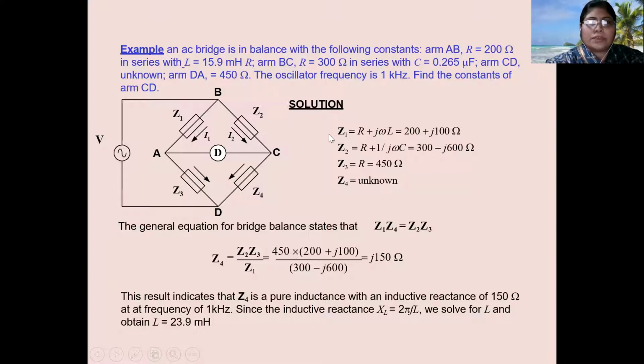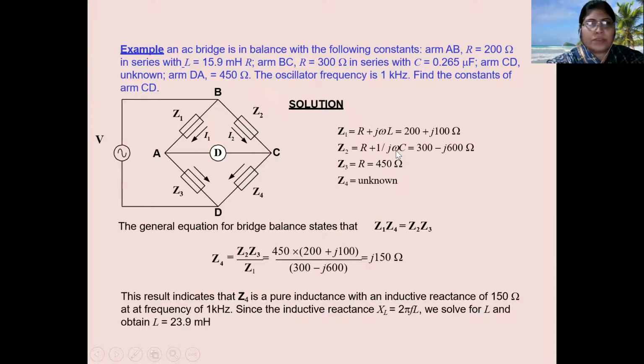So first of all, take Z1. Z1 is actually the combination of resistance in series with inductor. So I can write R plus j omega L. The value of R is here 200 ohm. The value of L is equal to 15.9 millihenry, that is 15.9 into 10 raised to minus 3, multiplied by omega.